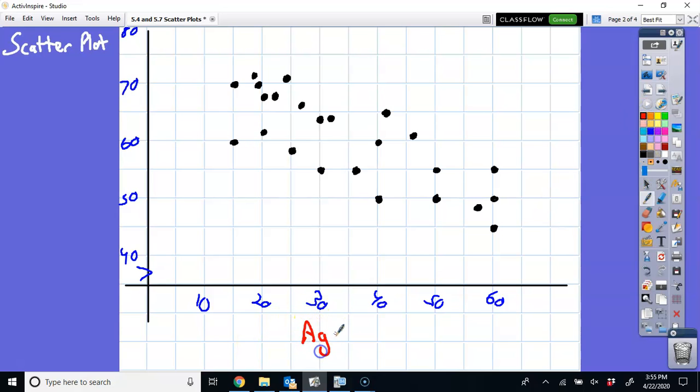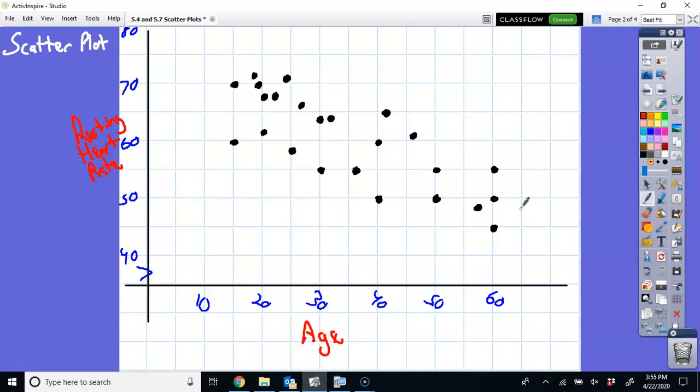In particular, this example that I've given you today is the age of a person here and the resting heart rate over here. So you can see in general, hopefully, that as the age goes up, the resting heart rate tends to go down. And so that tendency, or trend we call it, creates a pattern.